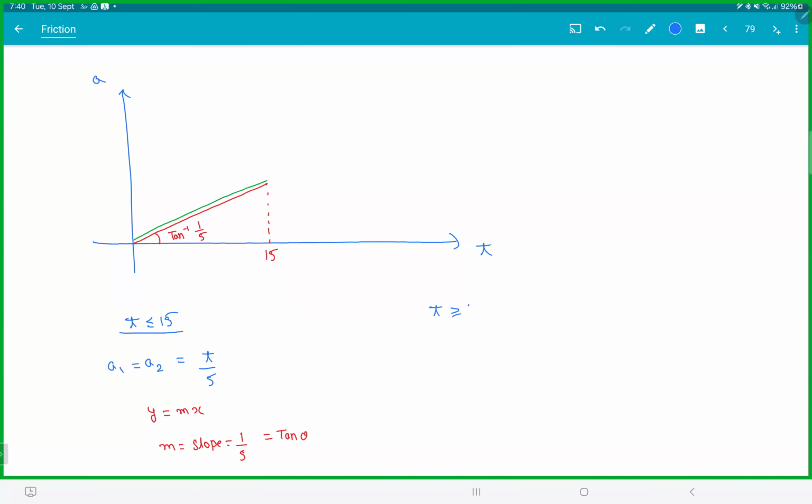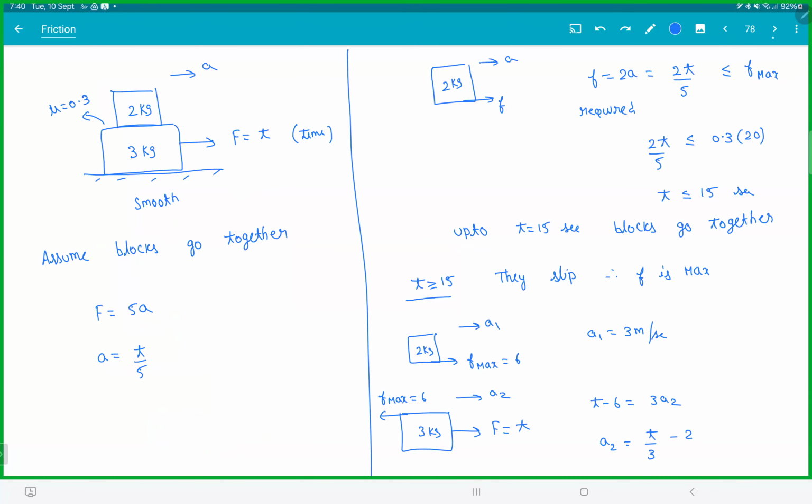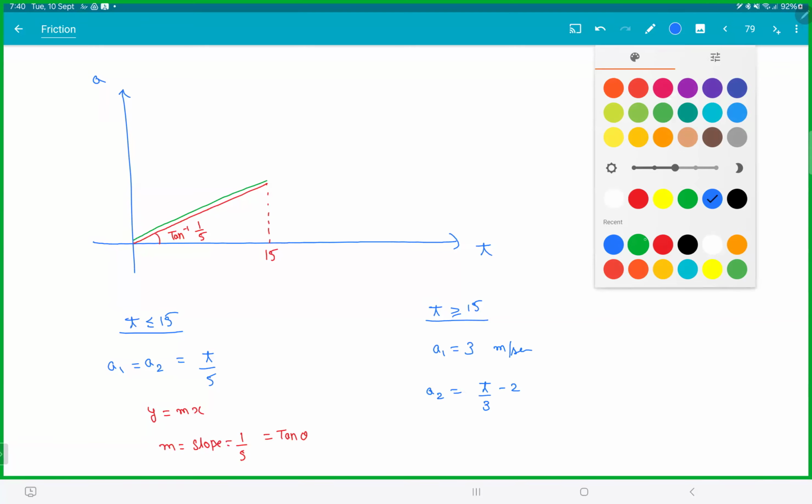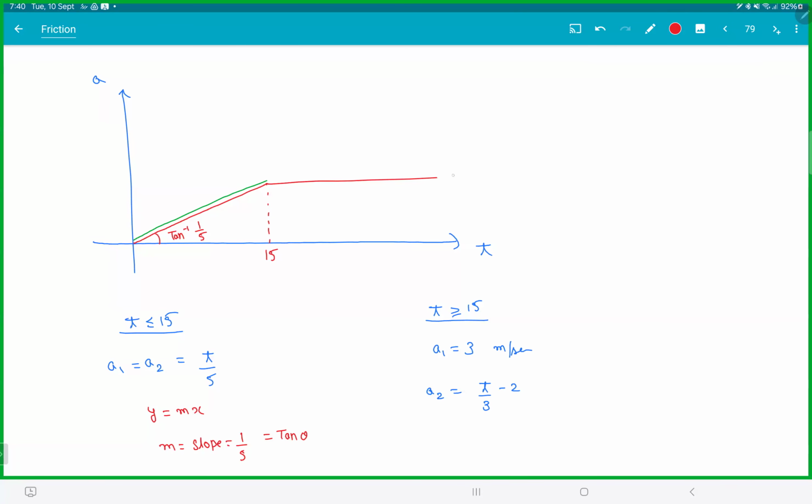For t greater than 15, the acceleration A1 became 3, whereas A2 became t by 3 minus 2. So this became a constant red line. This is your A1, the 2 kg block, and this value is 3 meter per second square. That became constant.